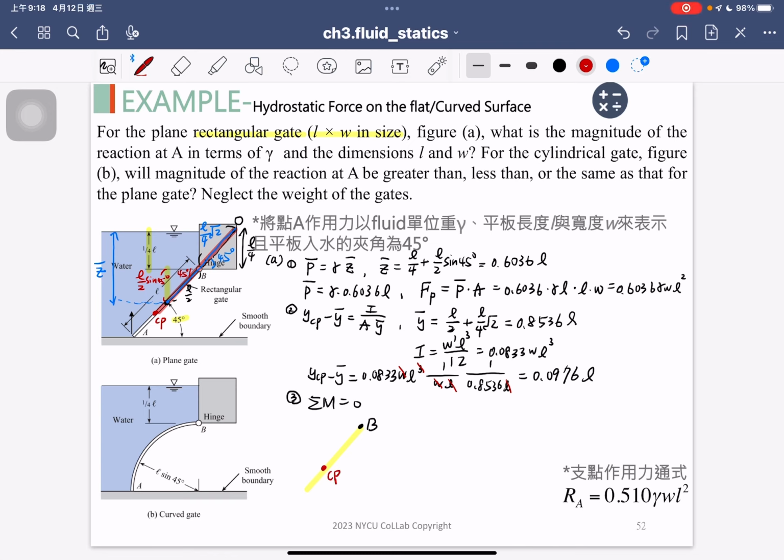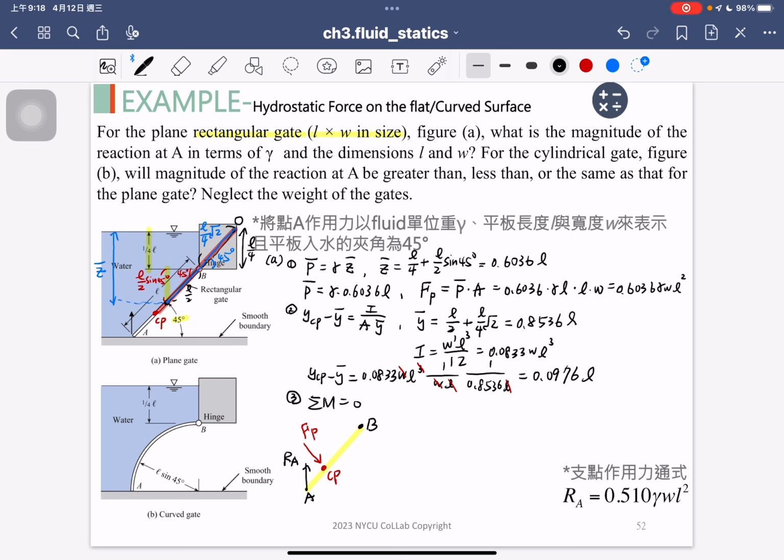We know that the force here is FP, the hydrostatic pressure force, and the answer we need to find is the reaction force. I use RA as the reaction force acting on point A here.